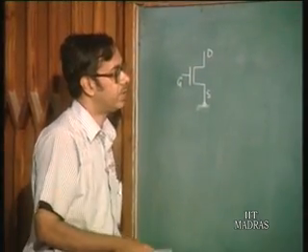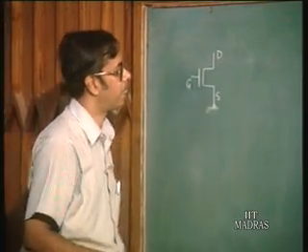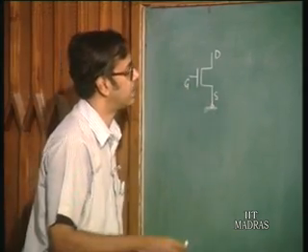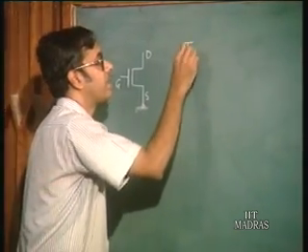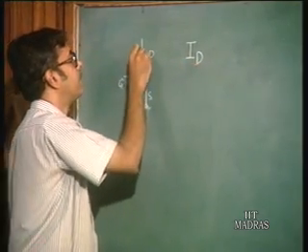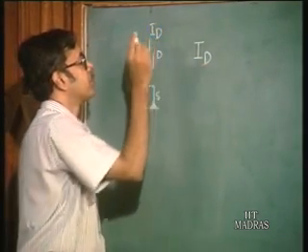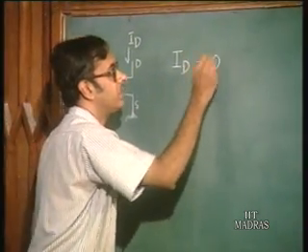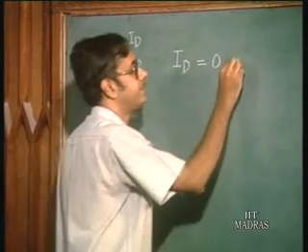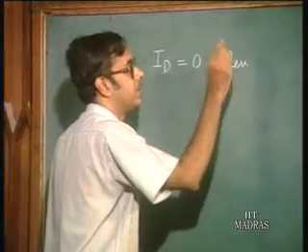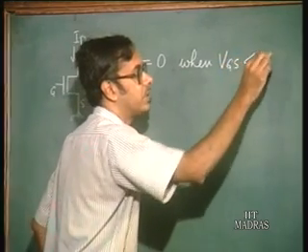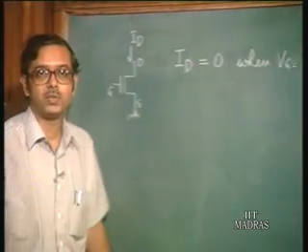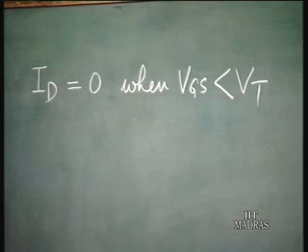We have already seen that for the n channel MOS transistor, the current voltage relation is given by the drain current ID, which is flowing here. ID is equal to 0 when VGS, the gate to source voltage, is less than the threshold voltage VT, which is a very important parameter of the MOSFET.